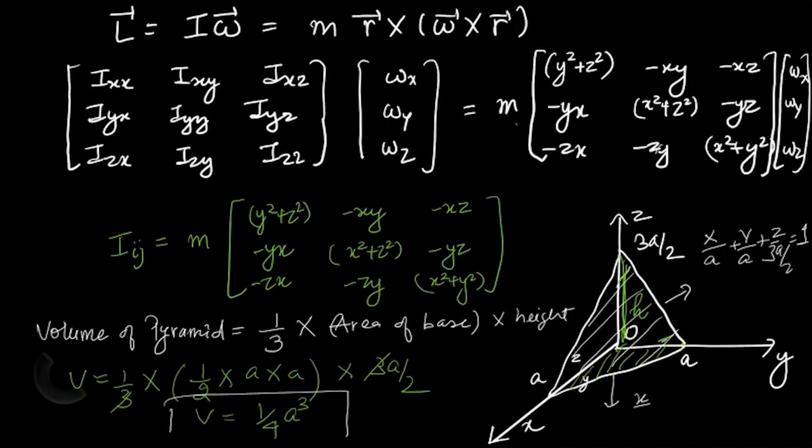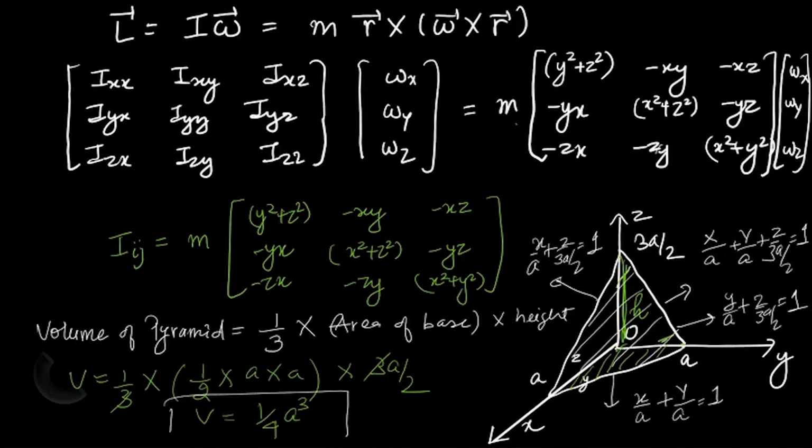The equation of the line in the xy plane is x over a plus y over a equals 1. In the yz plane, y over a plus z over 3a by 2 equals 1. And similarly for x and z, x over a plus z over 3a by 2 equals 1. These are the equations we are going to use in setting the limits for our integrals.